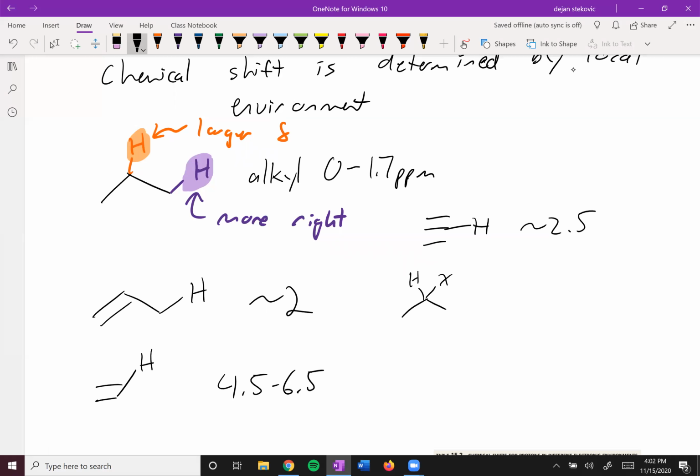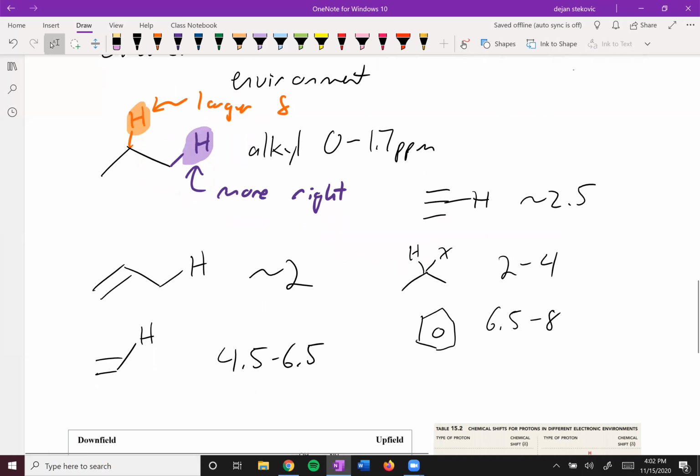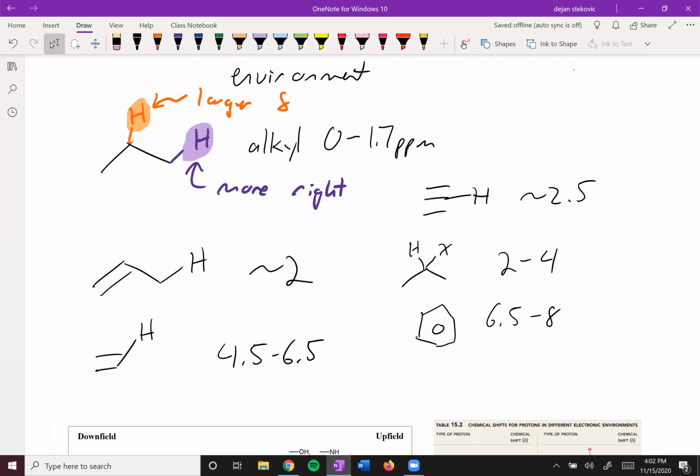If the hydrogen is on a carbon that has an alkyl halide on it, that'll be somewhere between 2 and 4. Aromatic compounds, or in our case just benzene, will be somewhere between 6.5 and 8. And finally, one more, the aldehyde peak will be around 10. I lied. One more. And then the carboxylic acid hydrogen will be around 12.